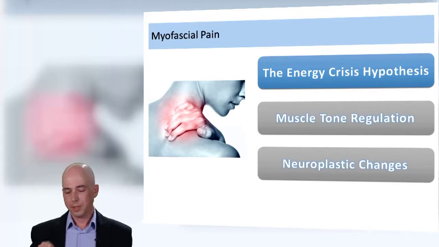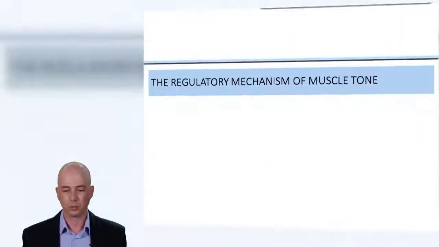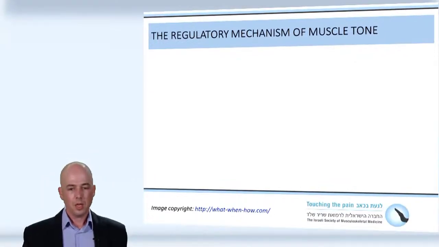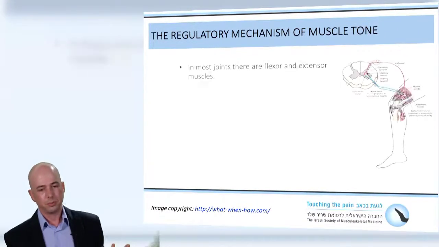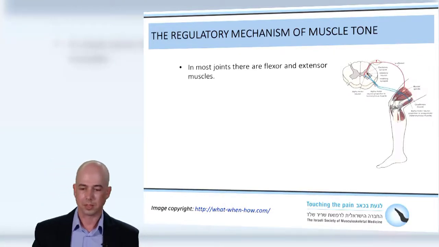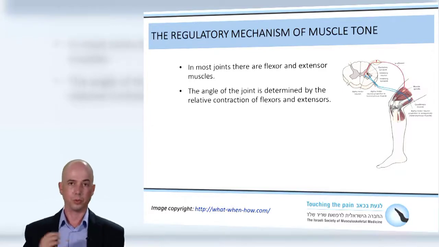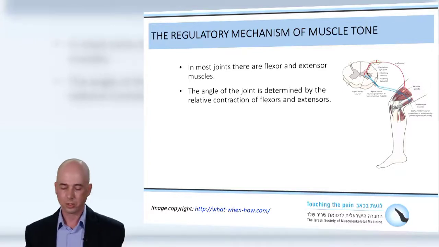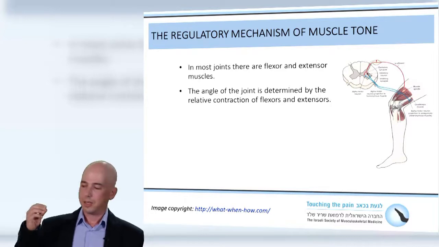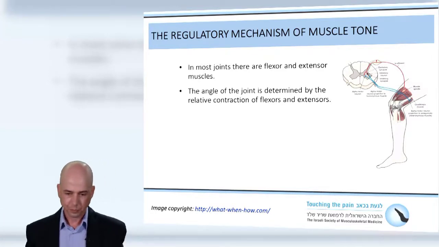Now let's look a little bit into muscle tone regulation, or muscle tone dysregulation. Normal joints have flexor and extensor muscles. And the relative contraction of the flexor and of the extensor determine the position of the joint in space.